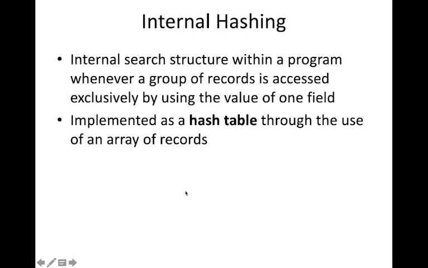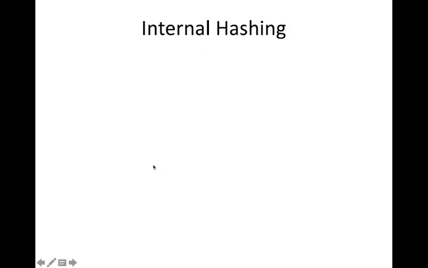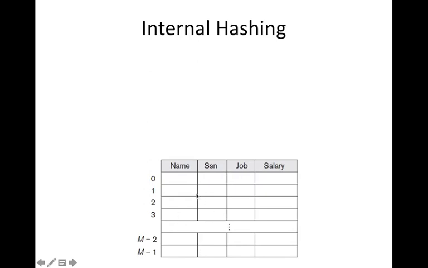So what we have written here is the internal structure, and this is implemented using a hash table and an array of records. So we have an array of records like this: 0, 1, 2, 3. There are m records, so this array ranges from 0 to m minus 1.